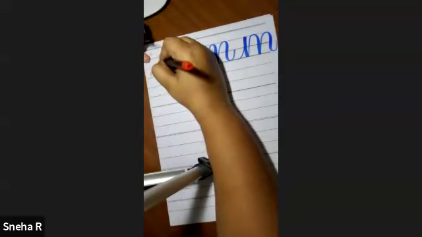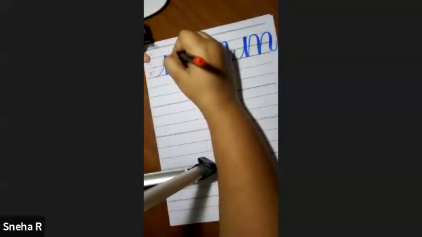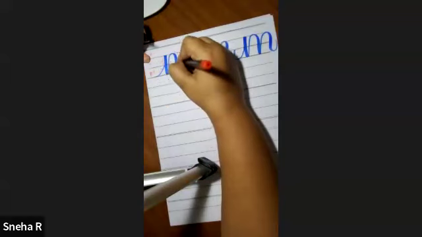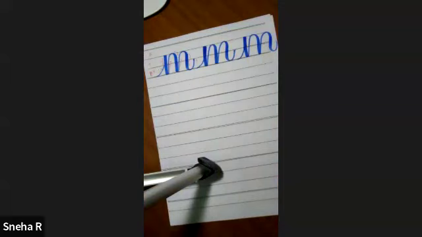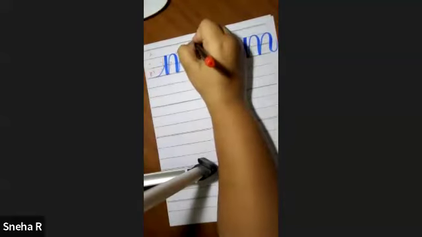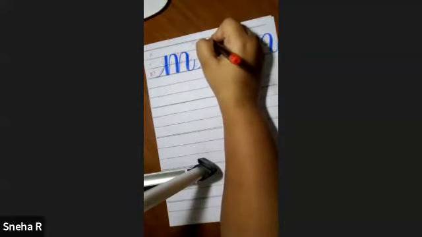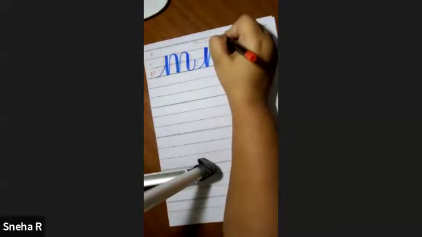One, two, three, four, five, six and seven. So M is equal to entry stroke, downstroke, overturn, and compound curve.